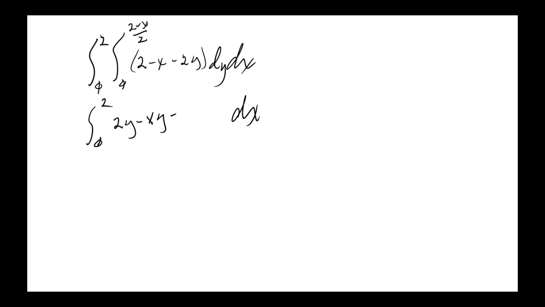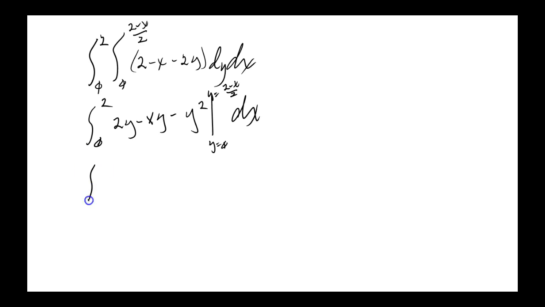It's even easier. y squared. Now, we're going to evaluate that from y equals 0 to y equals 2 minus x over 2. I'll put the y's in there so you'll remember that's what we're substituting. We're not substituting anything for x. X will stay right there, just like the 2 will stay right there.